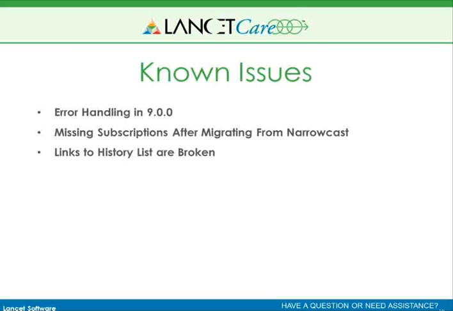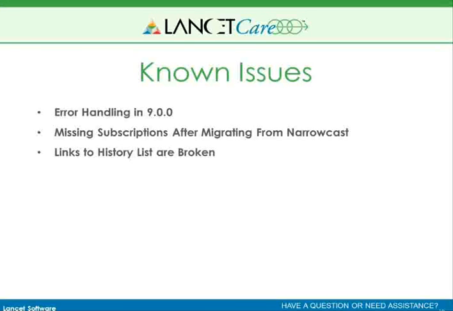Before the Q&A begins, I wanted to go over a few of the known issues that our team as well as others have encountered. Error handling issues in version 9. In distribution services, just as you can in Narrowcast Server, you can set error handling rules.